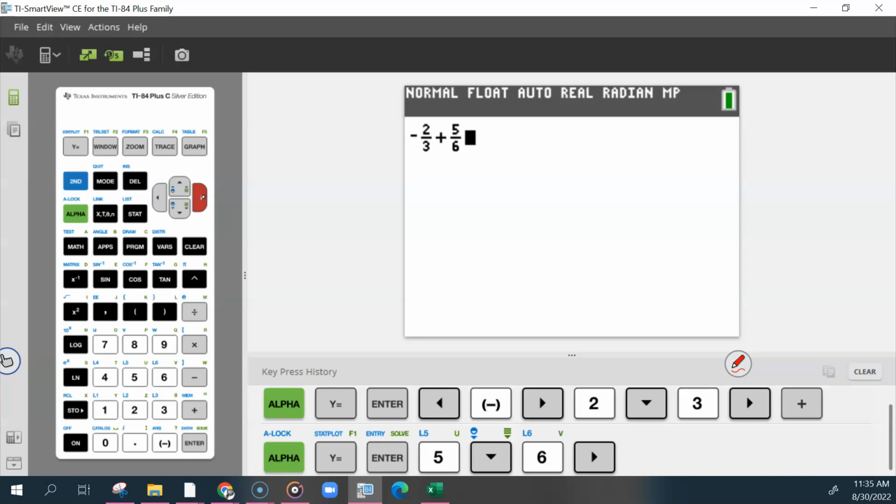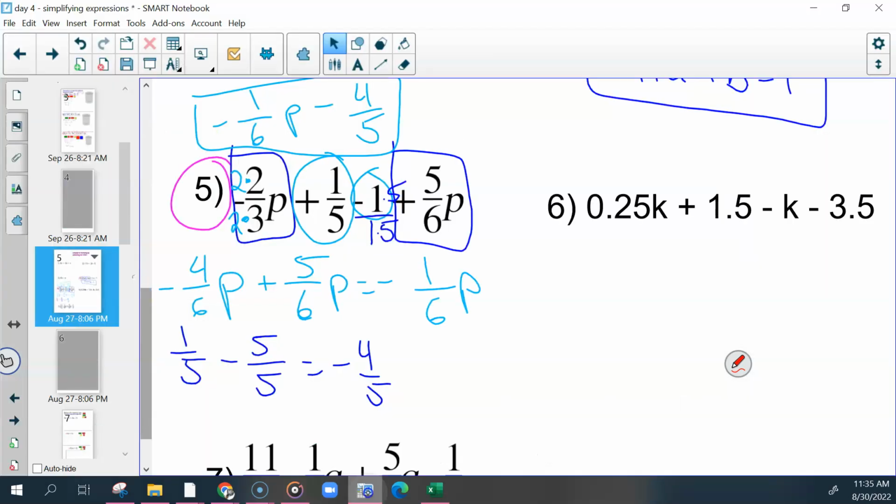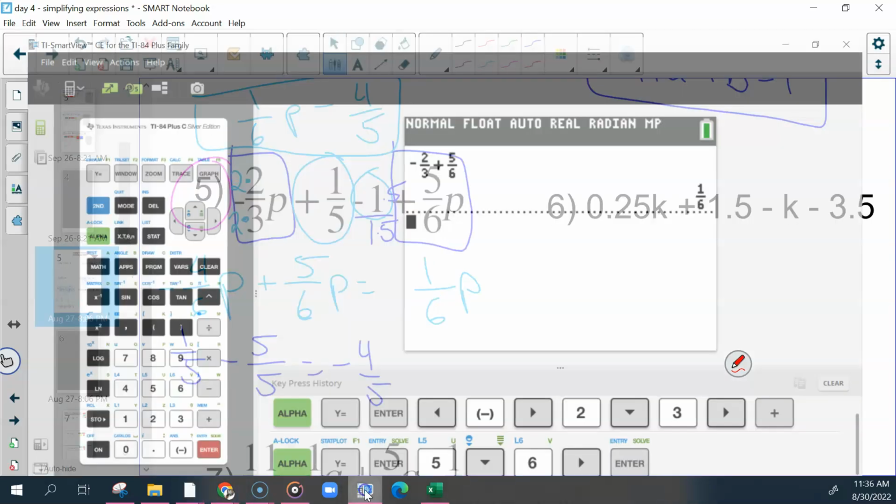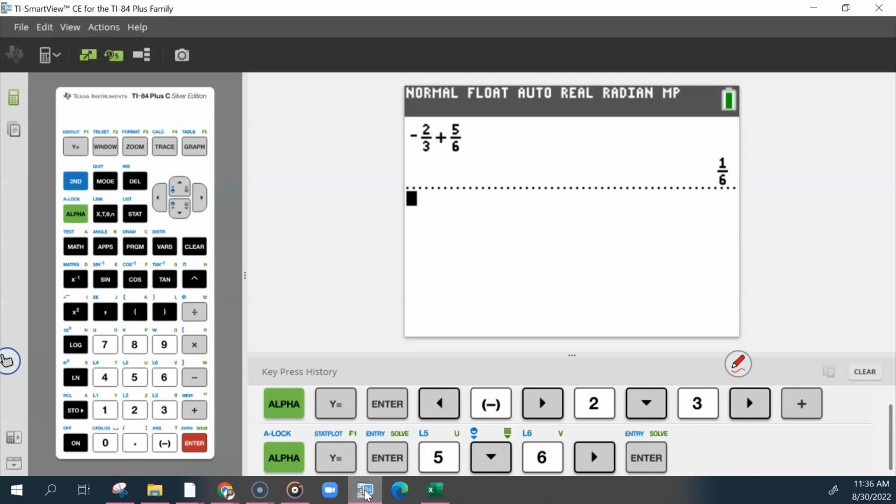After you have that in, hit enter, and it will tell you what the answer is in the most simplified version of it. I didn't need it with negative. It was done with positive. Right. Anyone need to see how to put that in the calculator again?